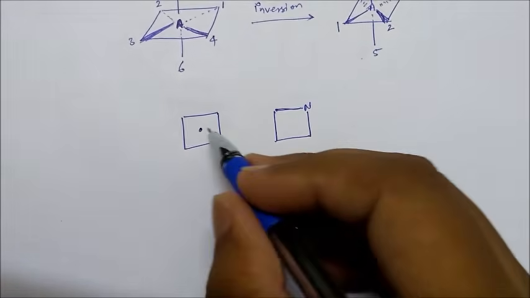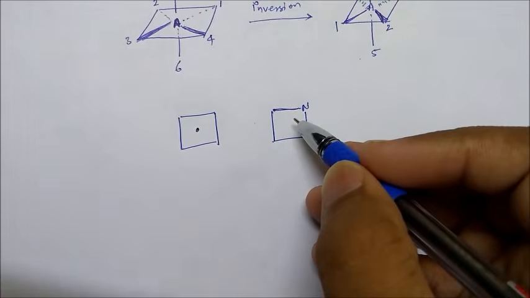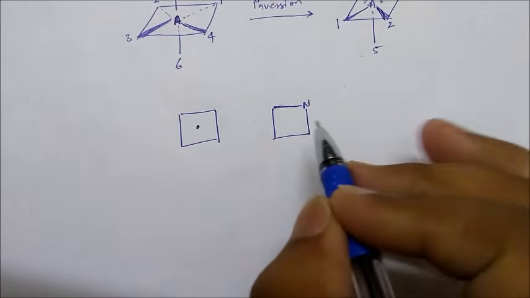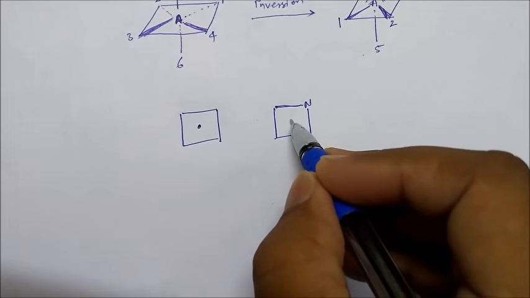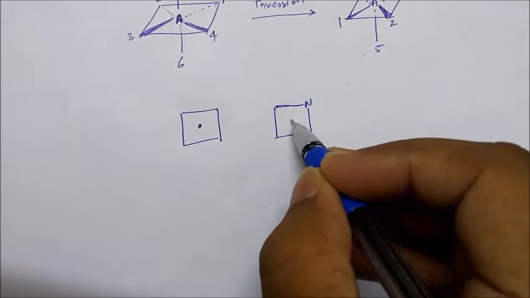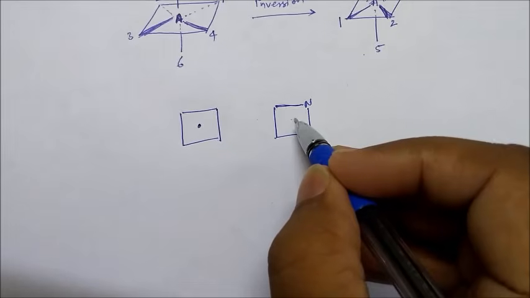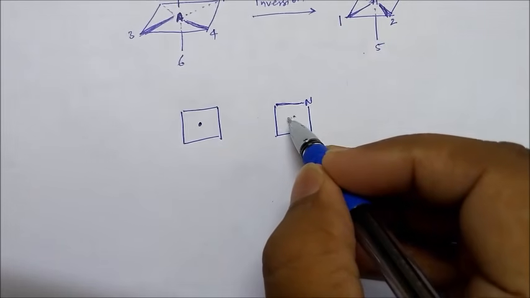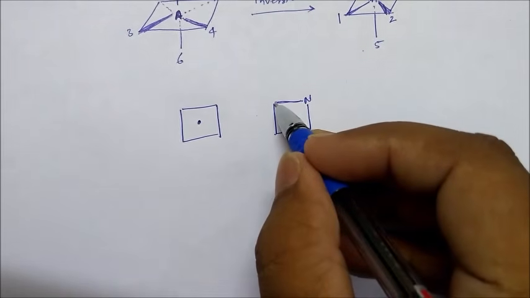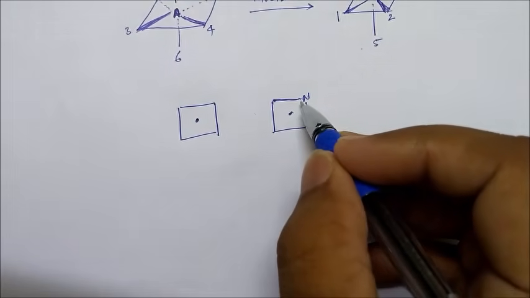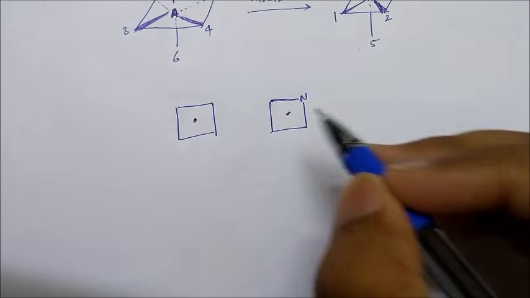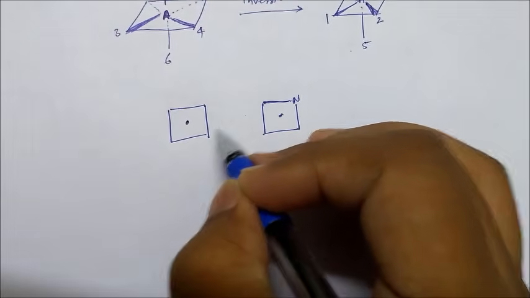So there was a center of symmetry, but if I ask you, is there any center of symmetry here, you will say no, because here is nitrogen, and if you consider this as the center of symmetry, then not all the things are symmetrical about this point. These two are symmetrical, but here it is not, so it cannot undergo the inversion operation, but the earlier molecule can.